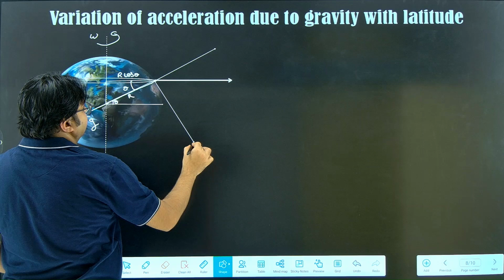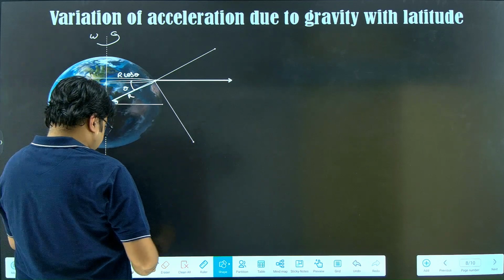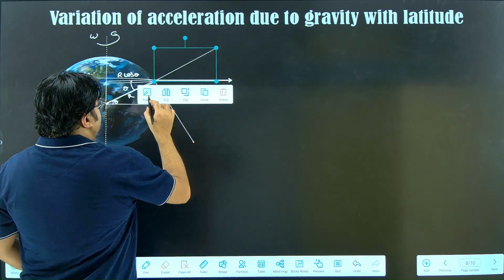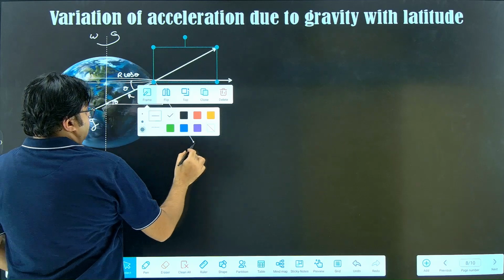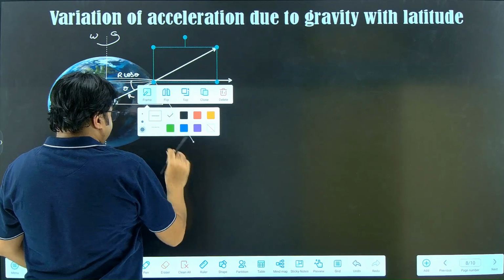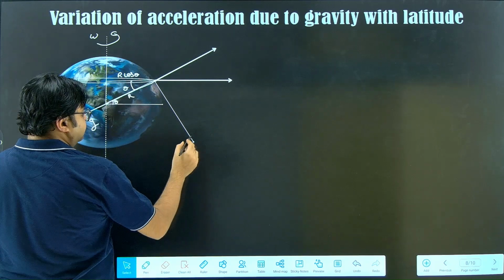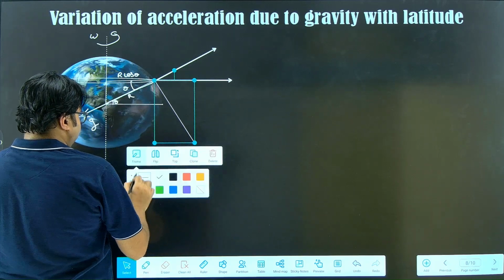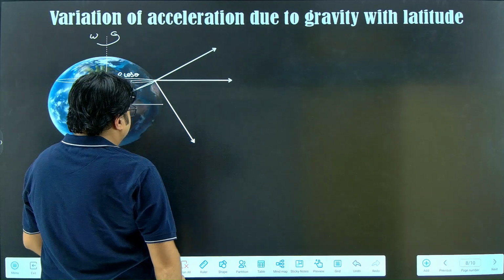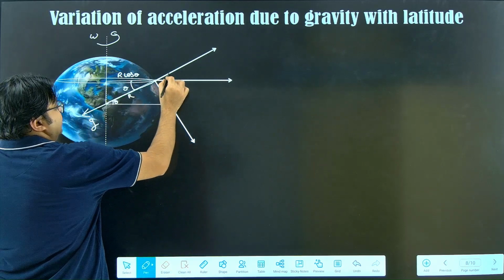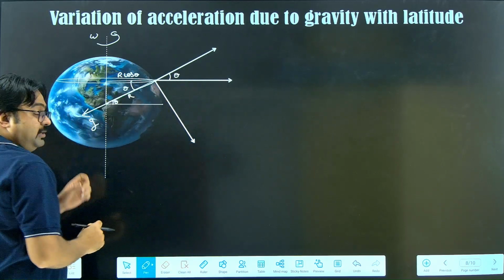So we have resolved this vector into two components. Let me just make those components visible to you. Okay, so that's one component, and here is another component. Because this is theta, this is also going to be theta.